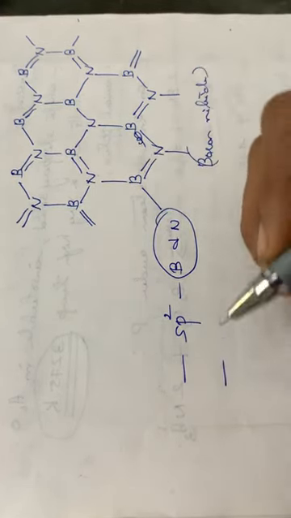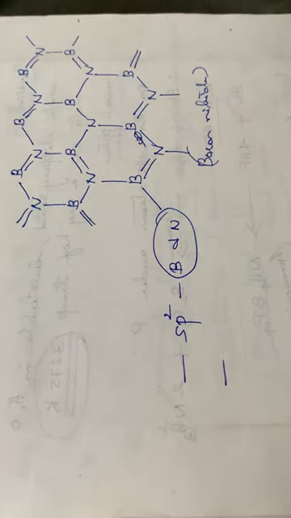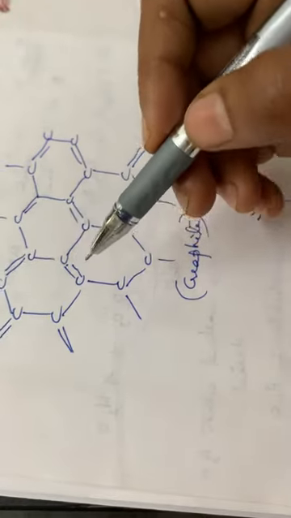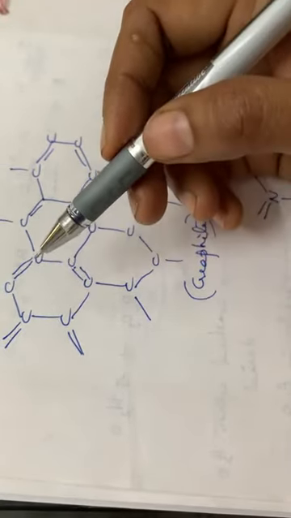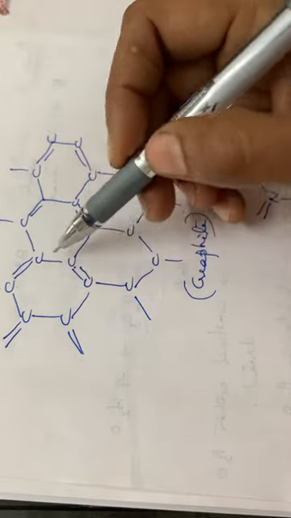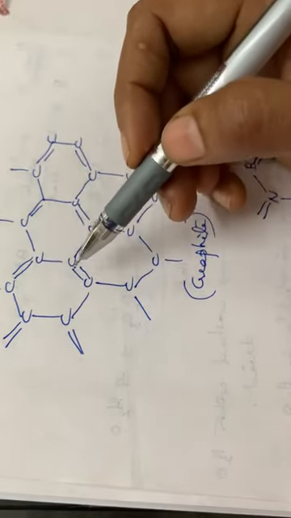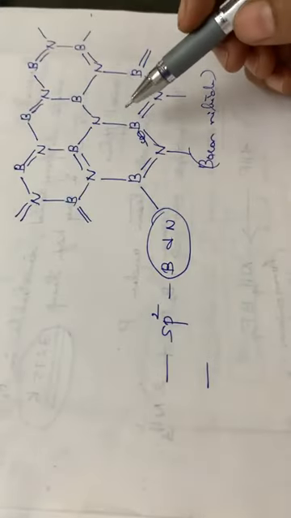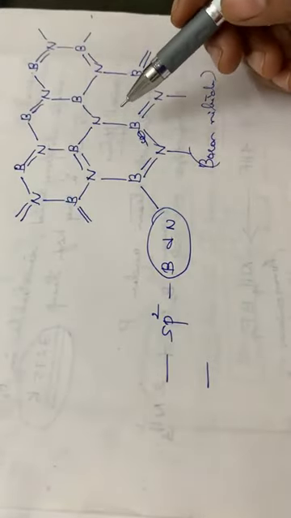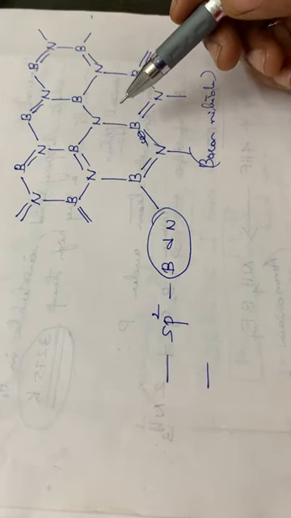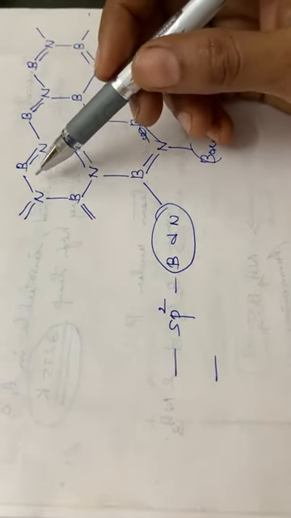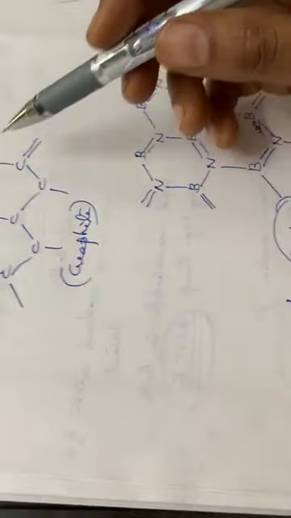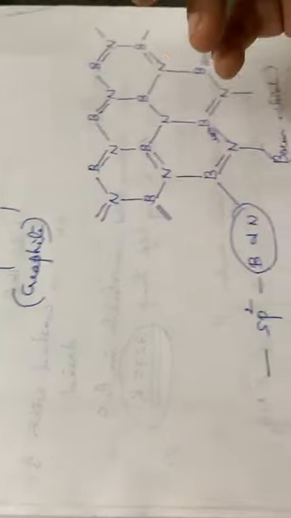Also, some of the differences between boron nitride and graphite are as follows. In graphite, alternate double bonds are there, and the pi electrons are delocalized over all the carbon atoms, isn't it? But in the case of boron nitride, the pi electrons have only partial delocalization over the boron atoms, whereas in carbon, it is delocalized over the entire ring.